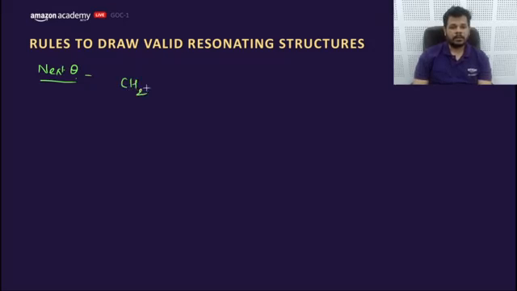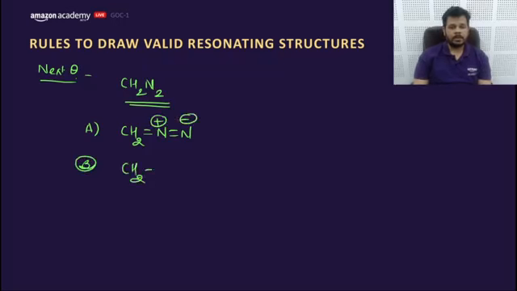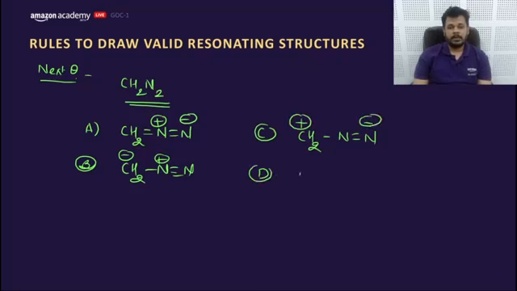Compare the stability of this azomethane CH2N2: A, CH2 double bond N positive and negative; B, CH2 N triple bond N positive and negative; C, CH2 N double bond N positive and negative; and lastly D, CH2 N double bond N positive and negative.